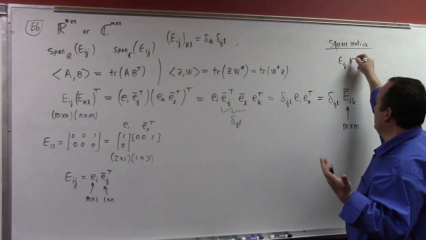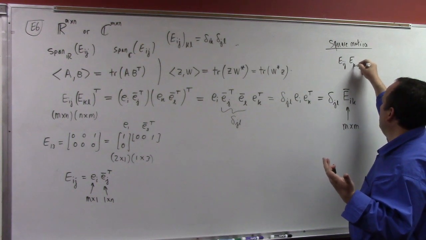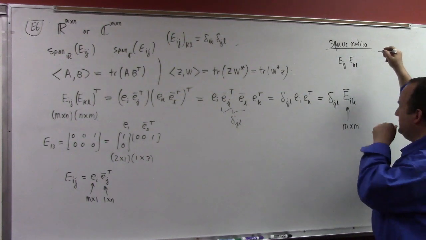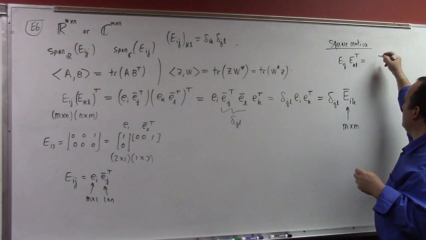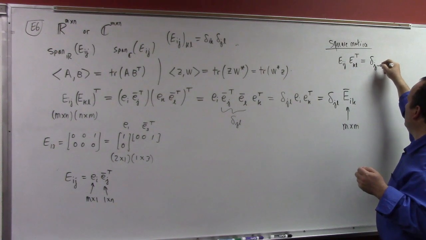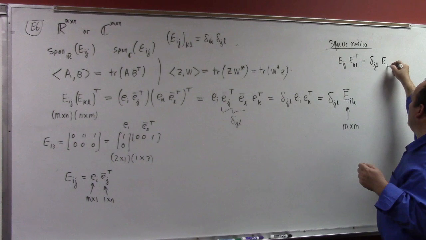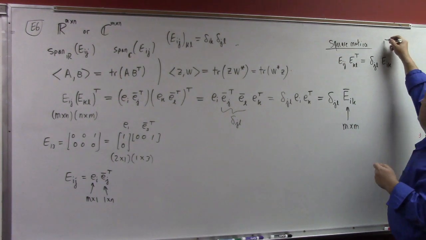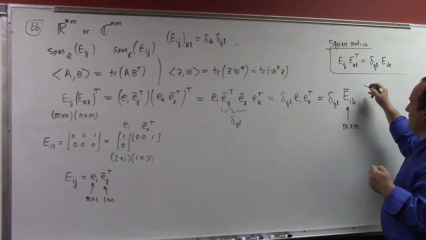Eij times EKL transpose is equal to Kronecker delta JL EIK. Now, by the way, that's an identity we can save for future use.